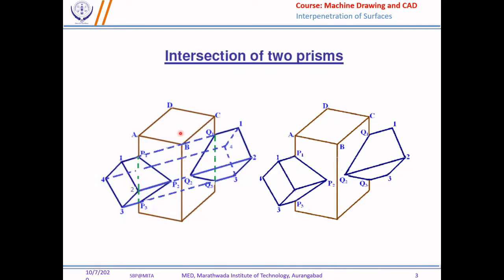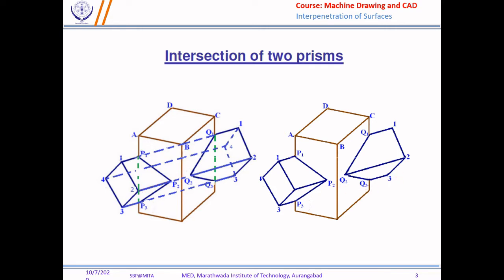If you see, there is one vertical square prism, and this is penetrated by another horizontal prism. The penetration positions of these two prisms are shown here in isometric view, where the axes of both the prisms intersect.